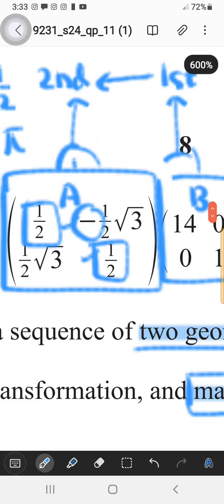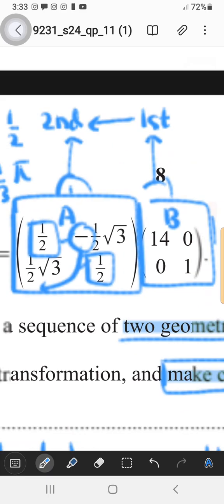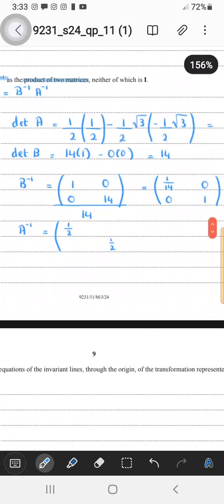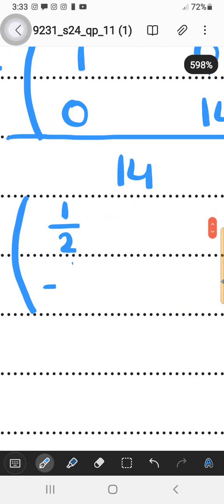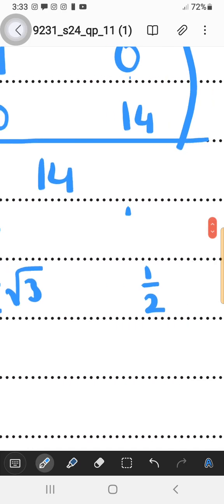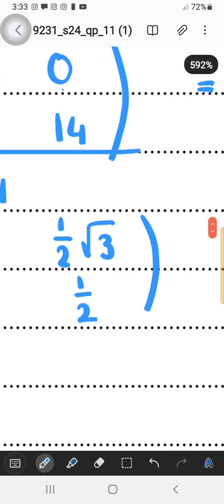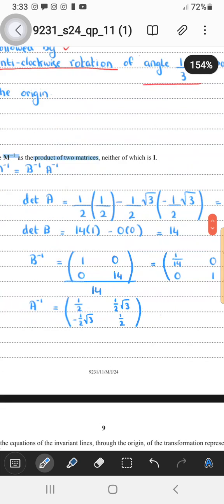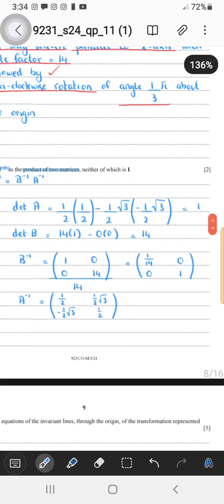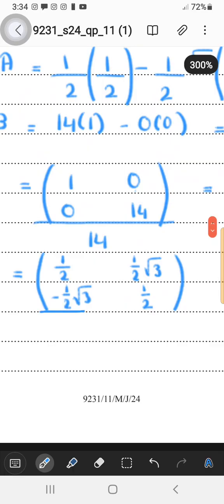And the sign of this will be moved to this. So it will be negative 1 upon 2 under root 3, and there is 1 upon 2 under root 3. Okay, and this will get divided by 1, which is determinant of A.